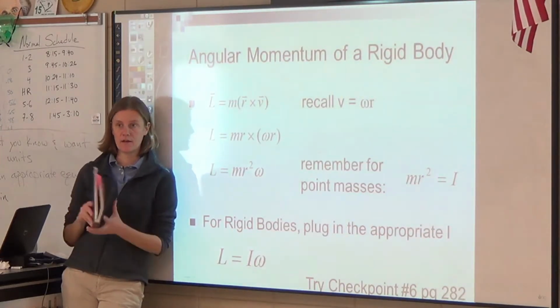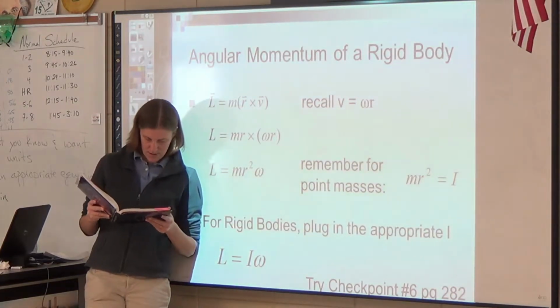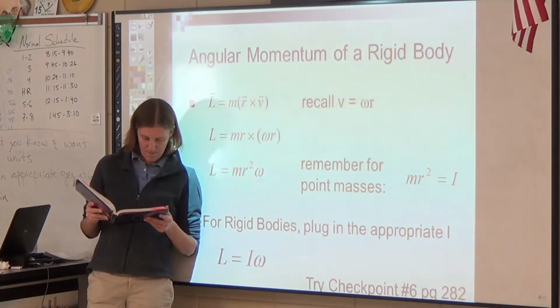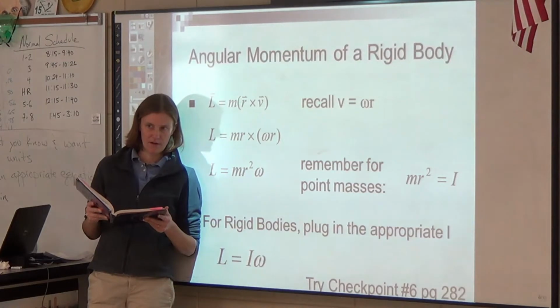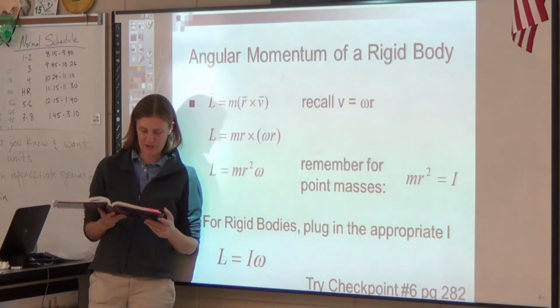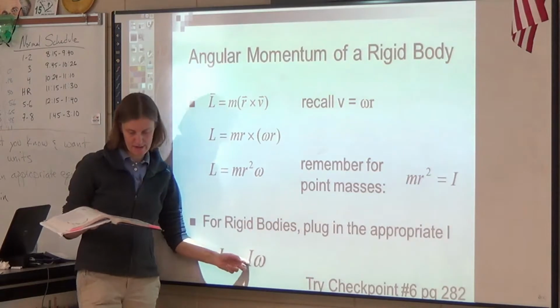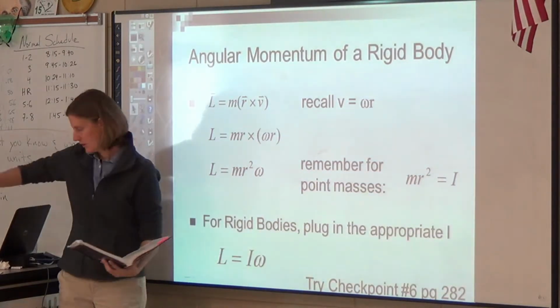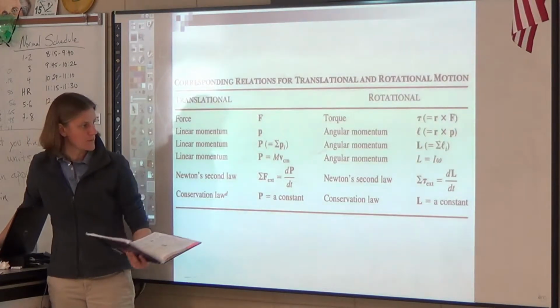Smallest I. Actually, it's the sphere first. Wait, sphere, then what? Then disk, then hoop. Very good. Hoop should be clearly last because its mass is the farthest away, so it should have the greatest I. All right, good. Okay, we just have more of our relationships.